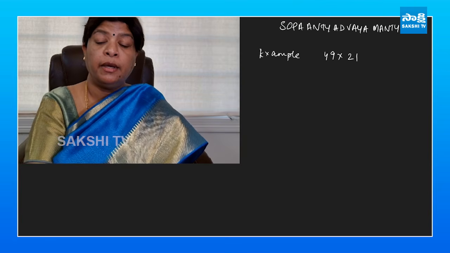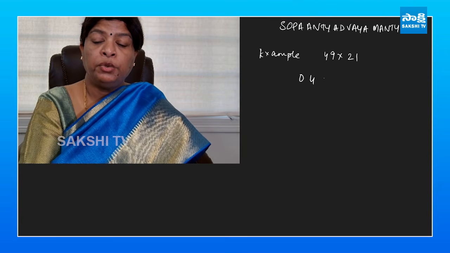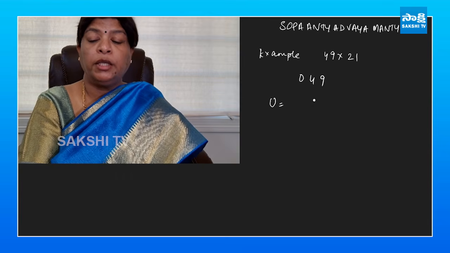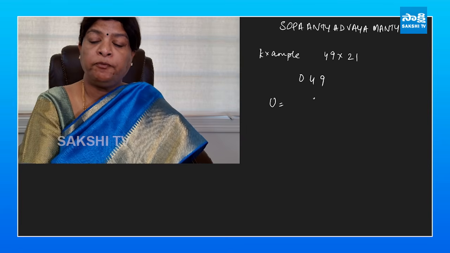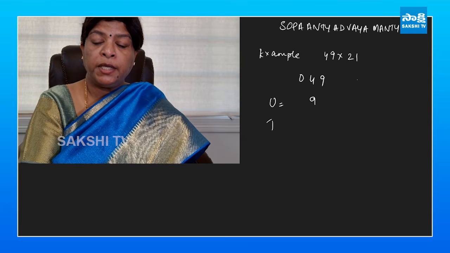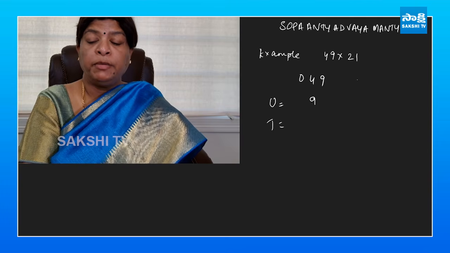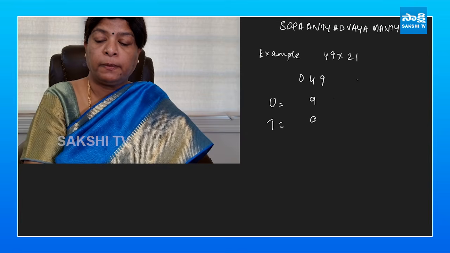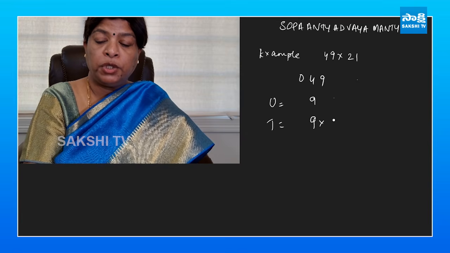So we just add a leading 0 to our multiplicand, and our units place value will be the units place value of the multiplicand, which is 9. And for the tens place, we are going to multiply our units place with 2 and add our tens place.